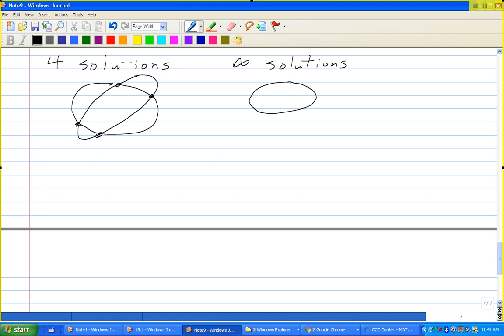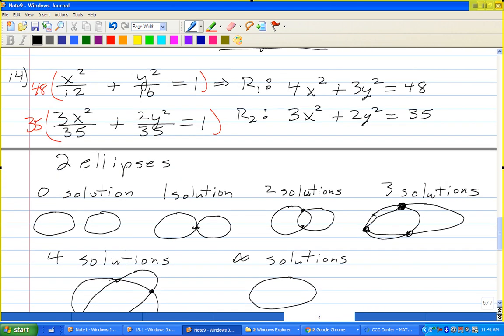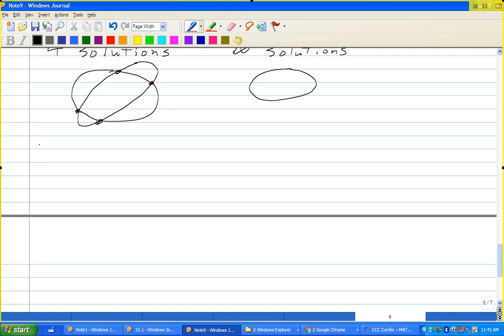Okay, so let me write down my equations again. Well, let's solve this system. So I guess I will eliminate y. So let me multiply the first one by negative 2, R1, and a 3, R2. Okay.